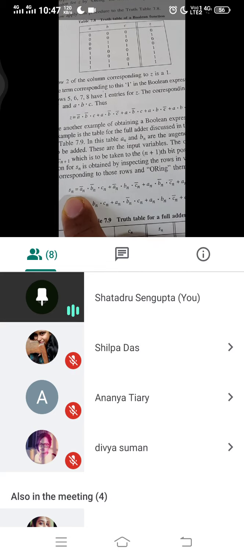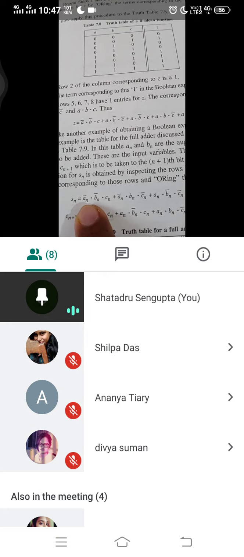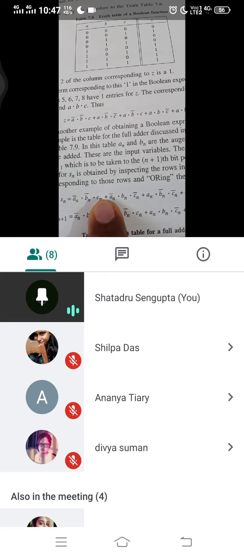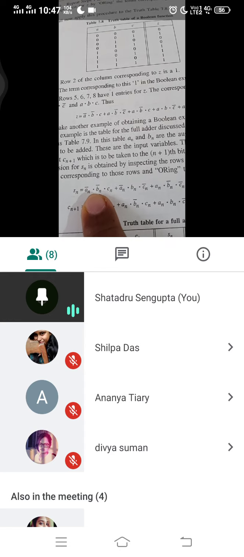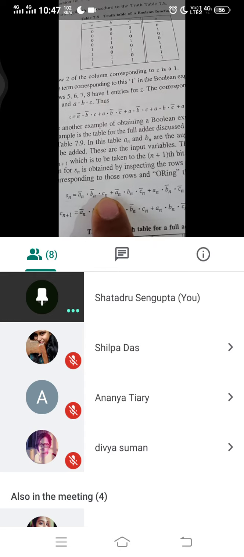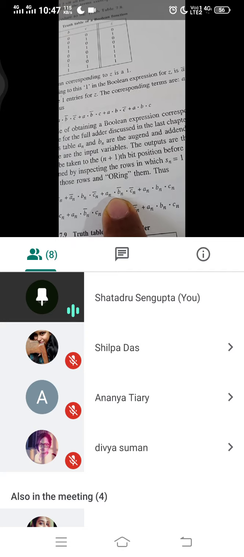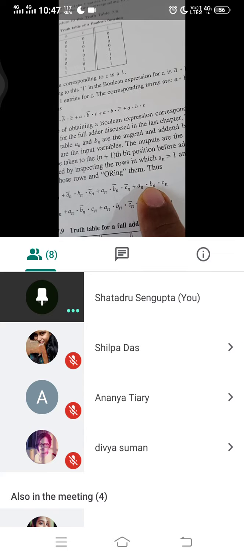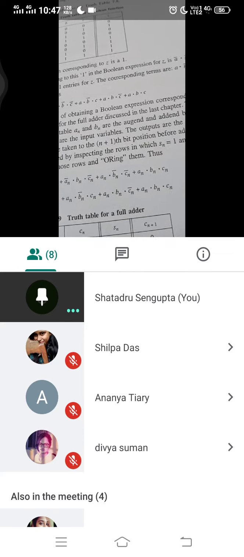The sum of the two bits is given by the nth bit of A plus the nth bit of B plus the carry. Sorry: not A and not B and C, not A and B and not C, A and not B and not C, and A and B and C, like that.